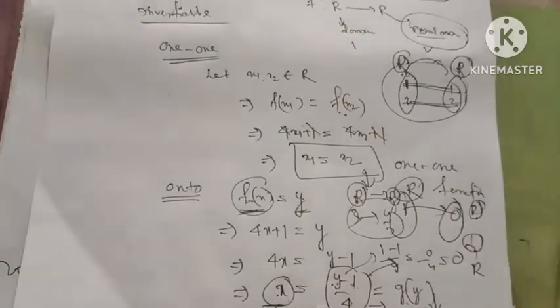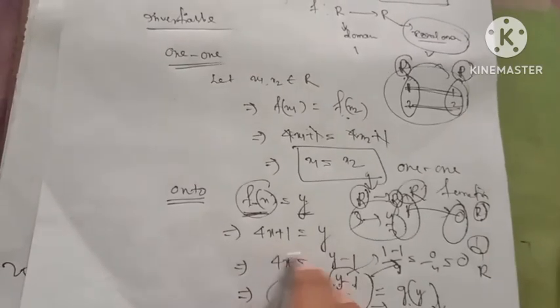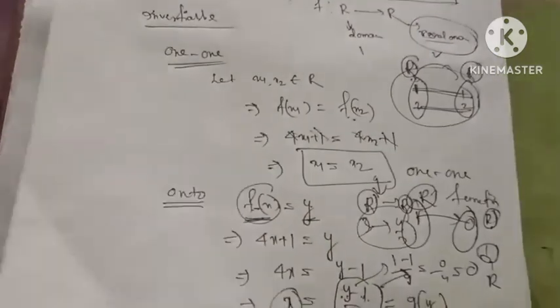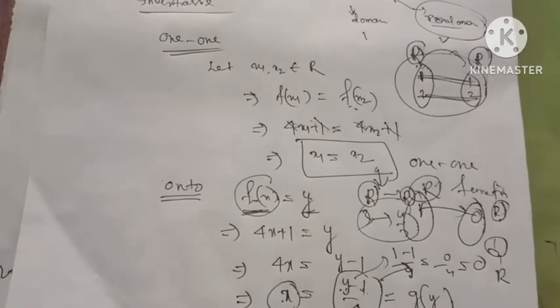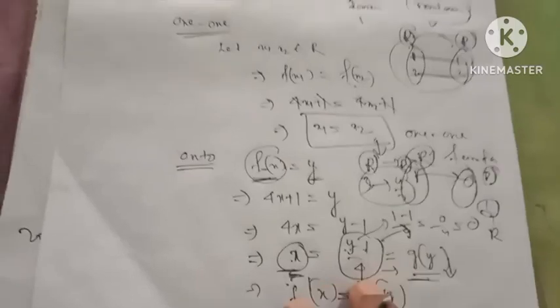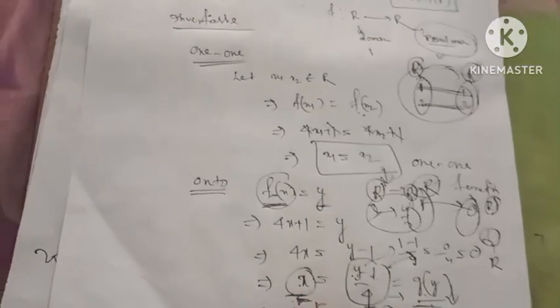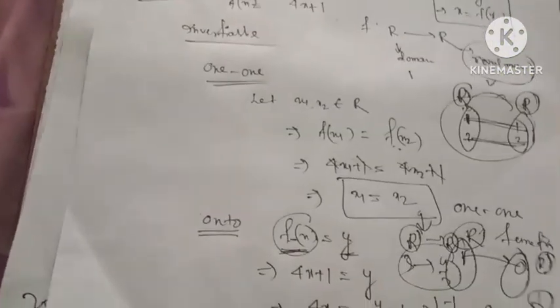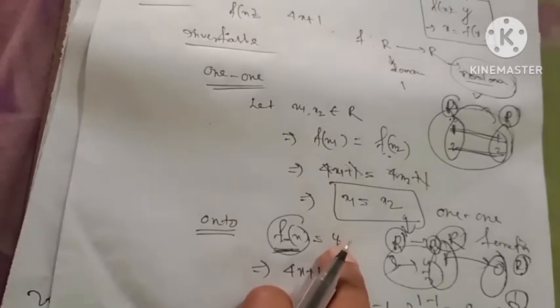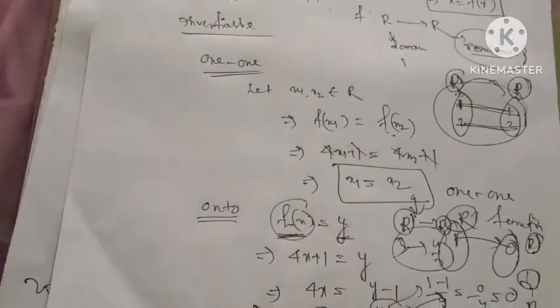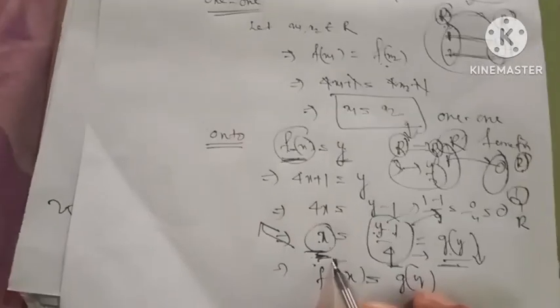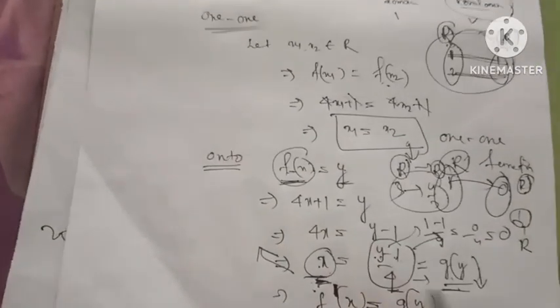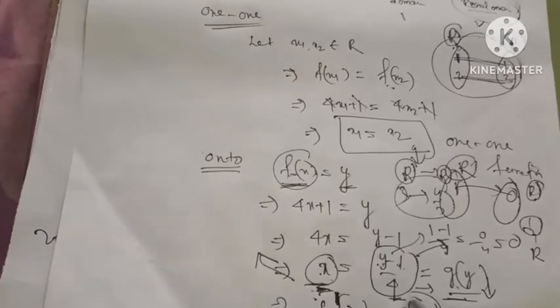I will find f inverse. f inverse means y equal to f(x) and x equal to g of y, that is the inverse. Then f inverse of x becomes g of y. Since y equal to f(x) and x equal to g of y, x is the inverse of this function. f inverse of x equal to g of y.